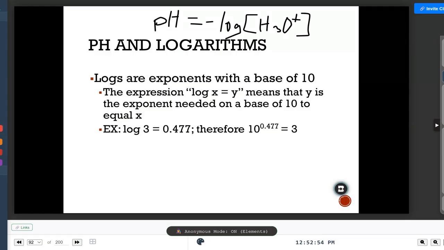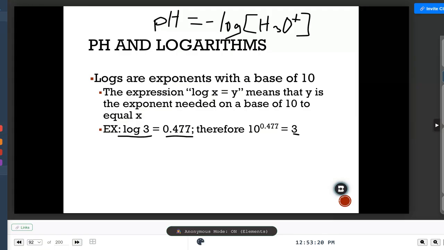Well, we could do that by doing what we call the anti-log, right? So if we think about the expression log of x is equal to y, that means that y is the exponent needed on a base of 10 in order to equal x. In other words, log of 3 is equal to 0.477 means that if I take 10 to the 0.477 power, I'm going to get a 3.